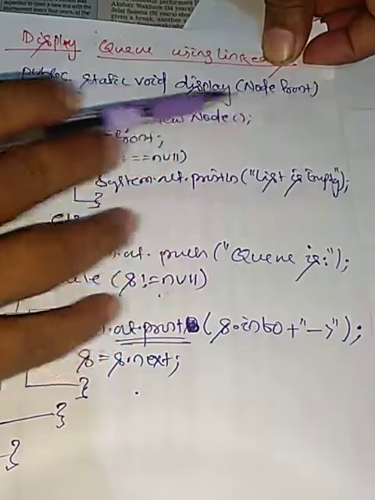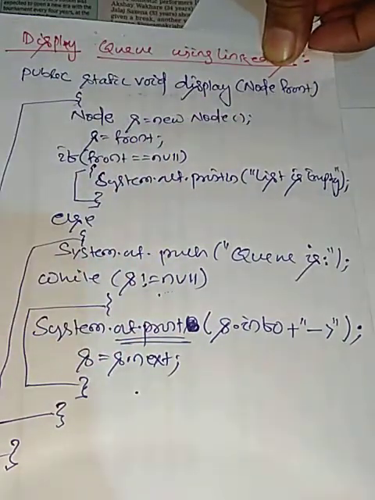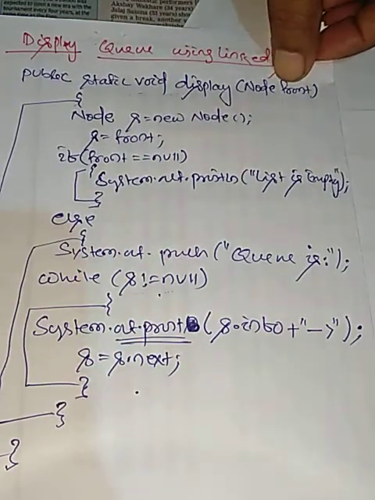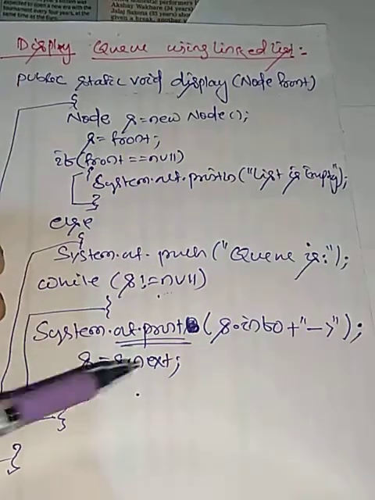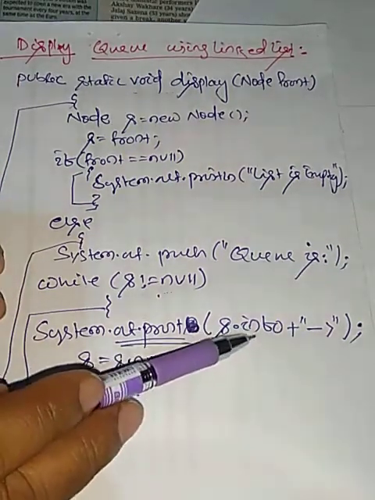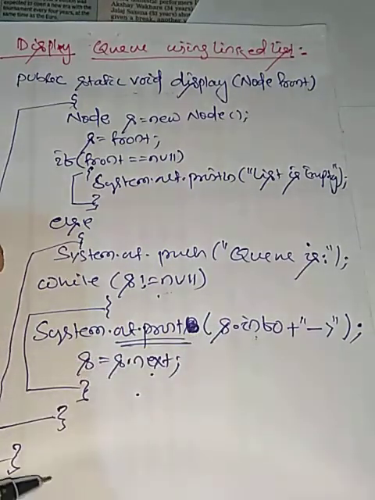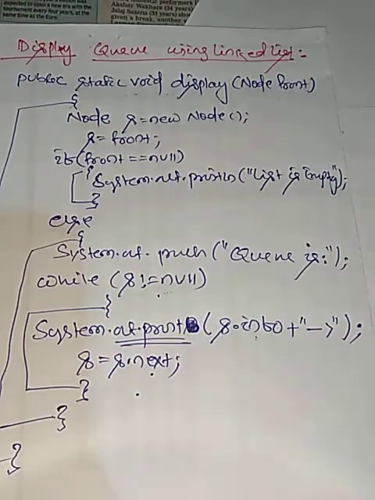But here we are playing no role with rear because only front can make sense. If from front we keep on traversing, we can easily reach the end by moving to the next node and printing the node info. That's all for this queue representation of linked list. Thank you.